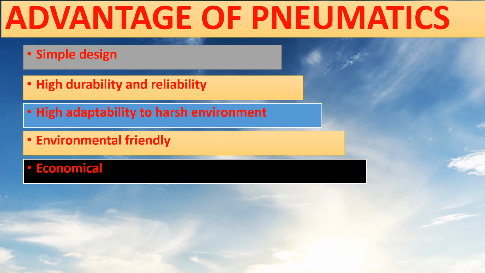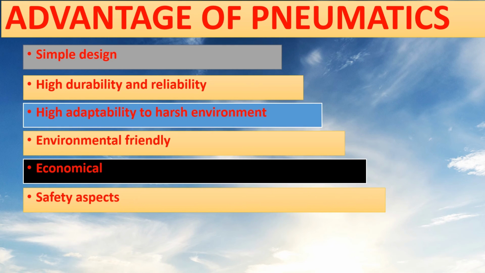And it is economical, because if you compare it with other systems like hydraulics and electrical, it is far more economical, because it contains very simple equipment and components for the operation. And the last point is the safety aspect. Since air is involved and all the components are very simple apart from the control components, it is very safe to operate as compared to other equipment.